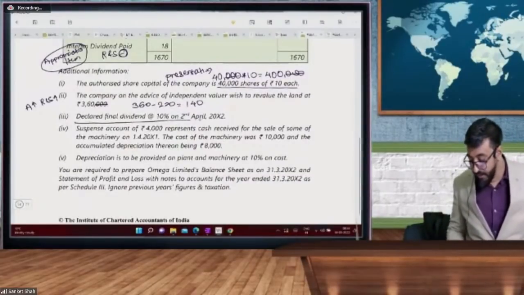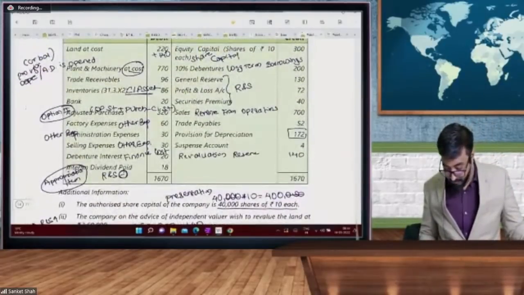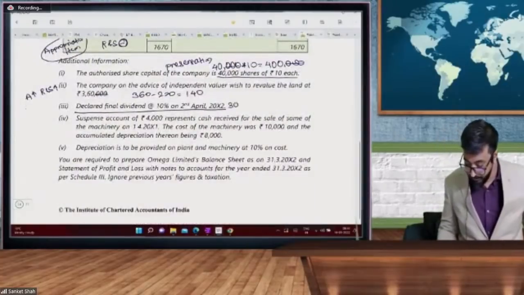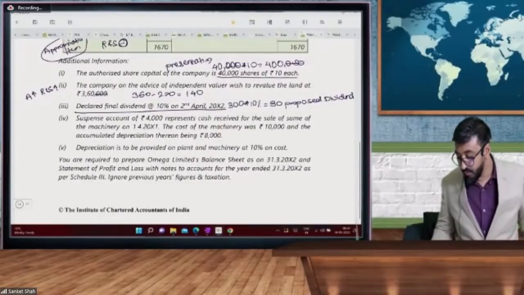Declare a final dividend of 10%. Now what is share capital? Share capital 300 into 10%. So your proposed dividend is 30 rupees.